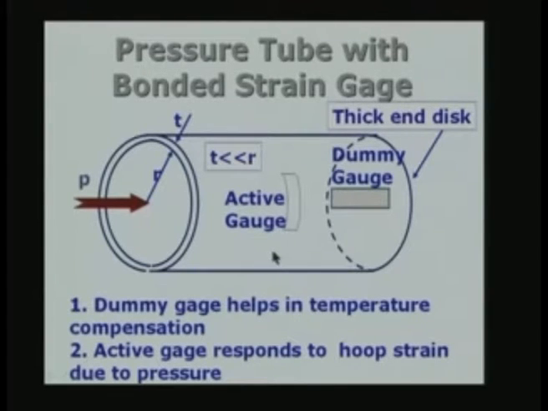But the resistance will also change if the temperature of the system changes. For example, if the instrument is located in a laboratory space and the temperature of the laboratory fluctuates during the daytime, the active gauge is going to indicate a change in resistance even when there is no stress, because the temperature has changed, and because of temperature there is expansion. Because of the expansion it is going to show a change in the resistance.